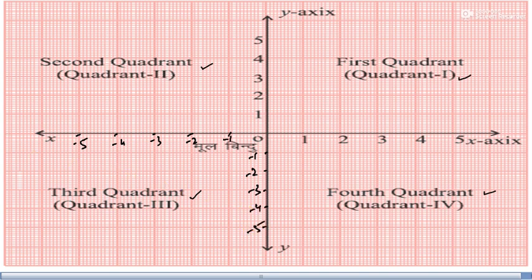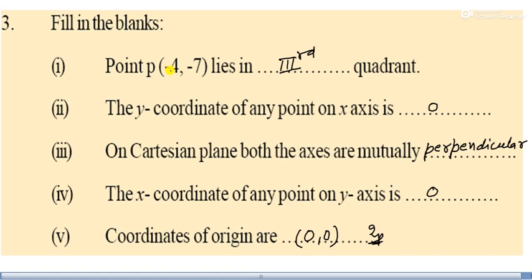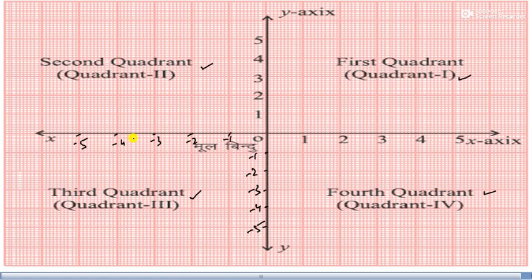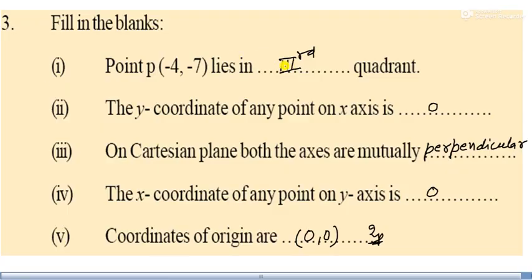First you just watch which point. So (-4, -7). We can plot it. -7 is downwards. It is 1, 2, 3, 4, 5, 6, and 7. That is (-4, -7). In which quadrant? It is the third quadrant. So you can see here it is the third quadrant.